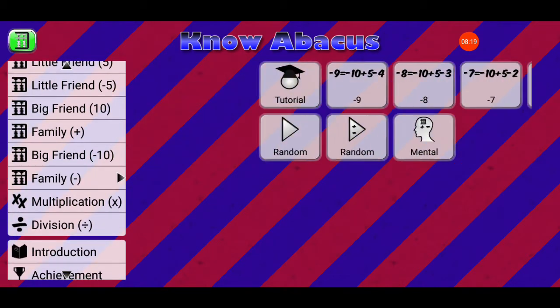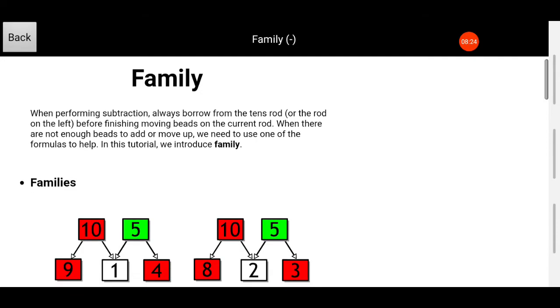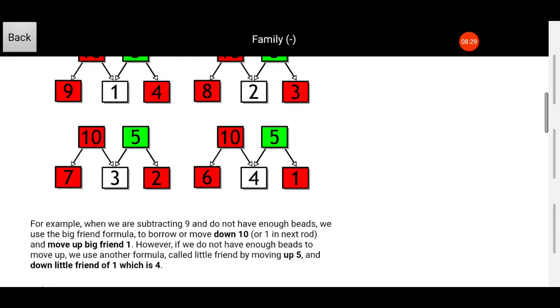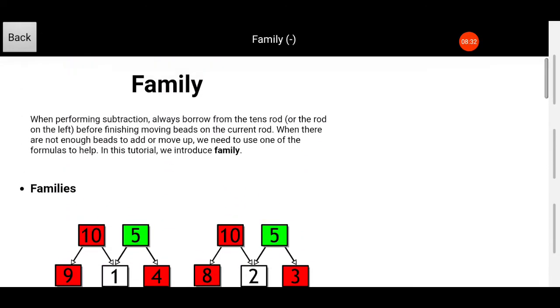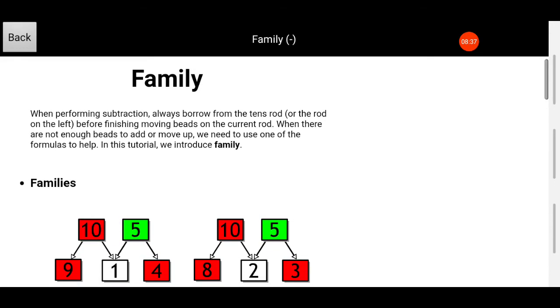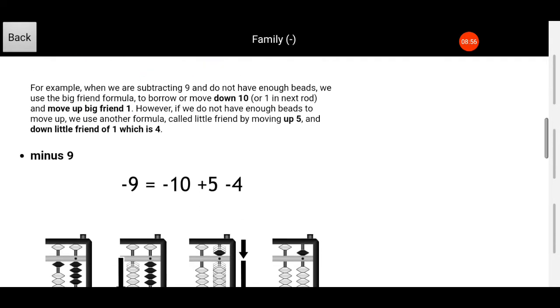Now next is family minus. Tutorial. It is also the same. When performing subtraction, always borrow from the tens rod or the rod on the left, before finishing moving beads on the current rod. When there are not enough beads to subtract or move up, we need to use one of the formulas to help. In this, we introduce family.